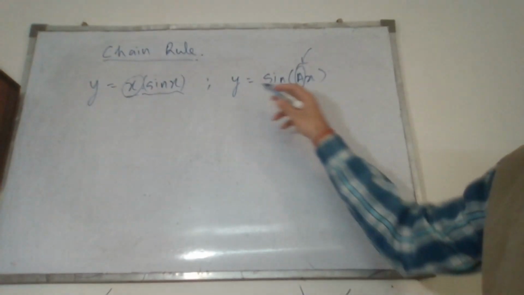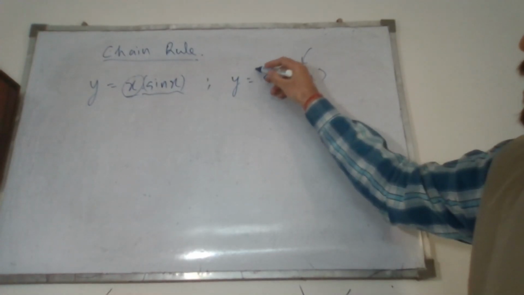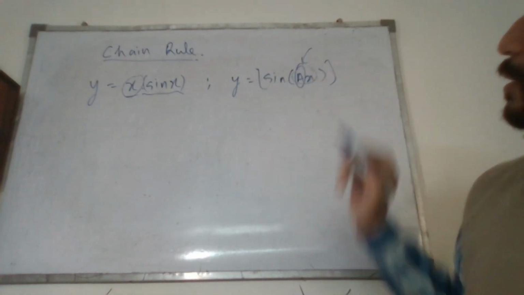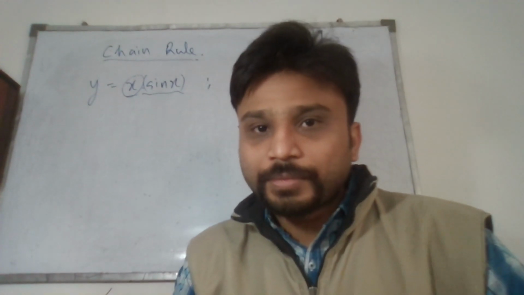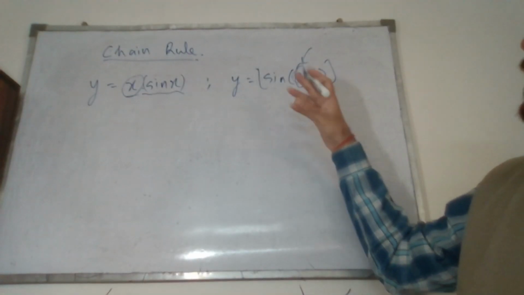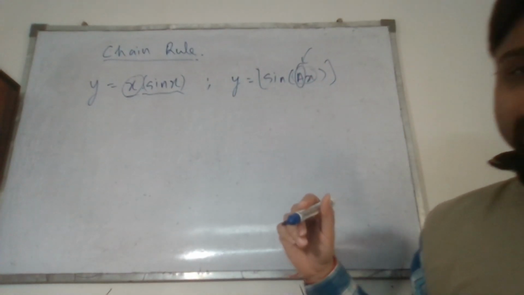But in this case, when y is equal to sine ax is there, first we will see what is the term inside the whole thing. That is ax. And then we see what it is enclosed by. So it is enclosed by sine.